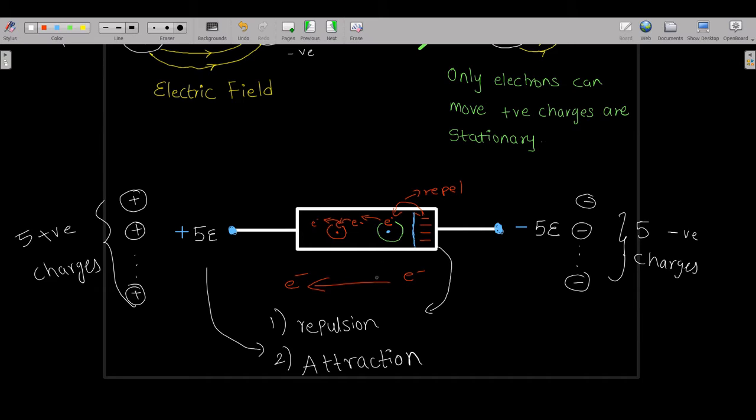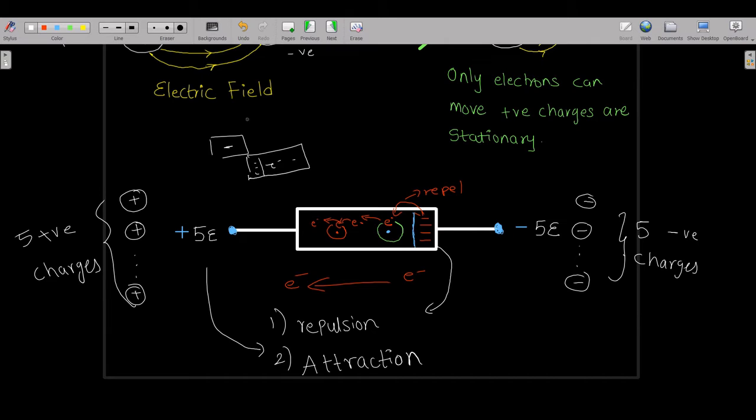What we saw at the end of lecture 1 was that when we rubbed the iron rod on the cat's fur and then touched it to a conductor, electrons were moving only because of one phenomenon, repulsion. The rod has negative charges, and when we touch it to the conductor, the charge gets accumulated over here, and then due to repulsion the electrons keep moving further and further.